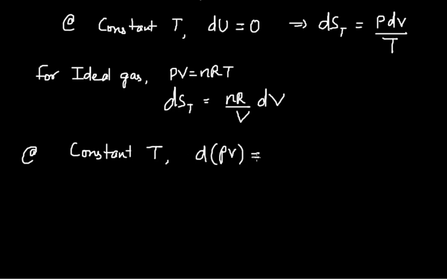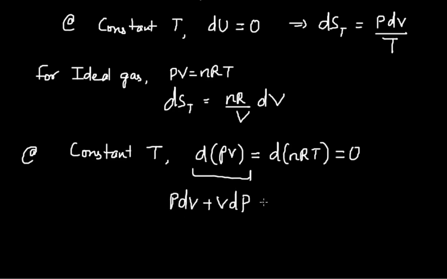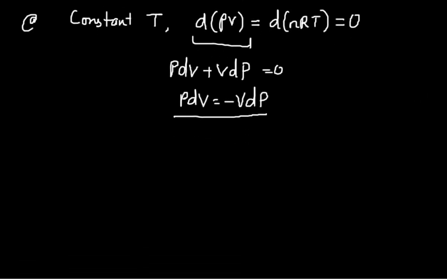Now d(pV) is equal to 0, so if you expand, it is p dV plus V dp equals 0, and p dV is equal to minus V dp. And your dS at constant T, if you make the substitution, is going to be minus nR dp by p.